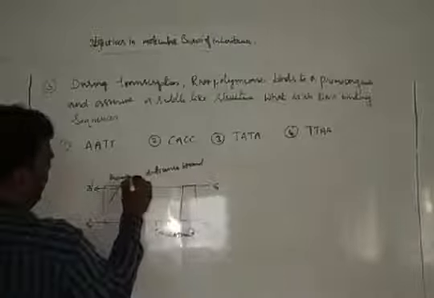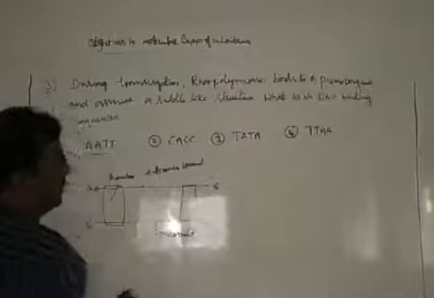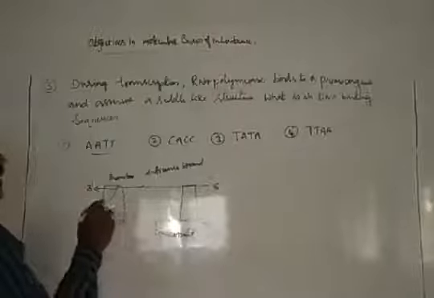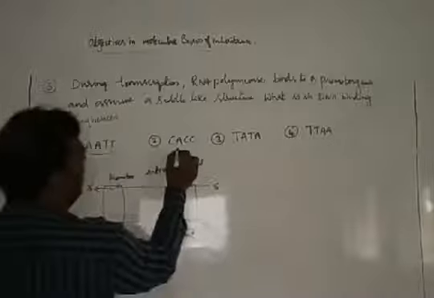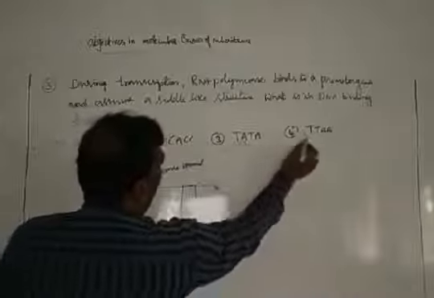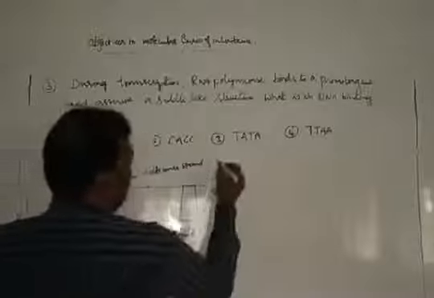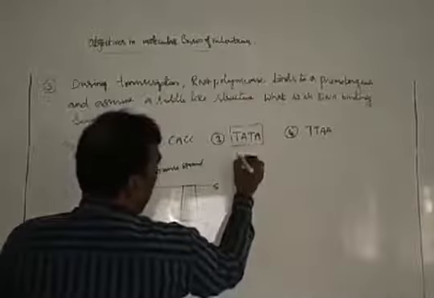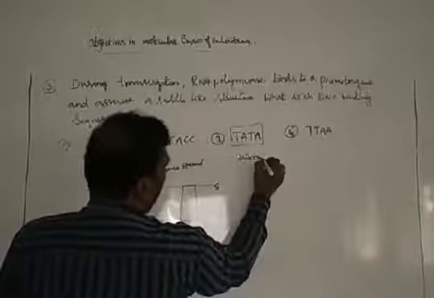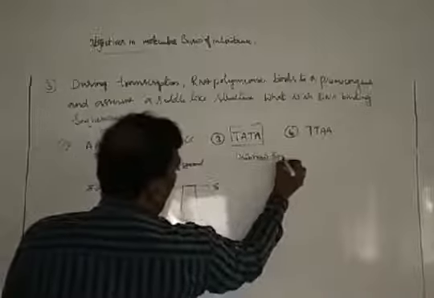In this promoter region, what is the DNA binding sequence here? AATT, CACC, TATA, TTA. It is a direct question. It is the TATA box, or Pribnow box.